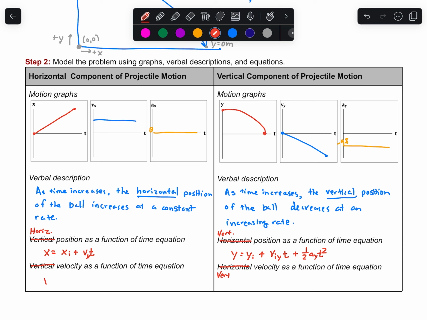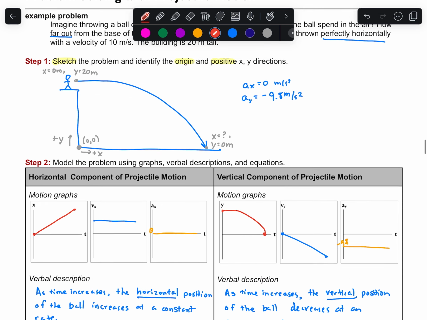I'm going to add some subscripts to these x's and y's so that I can help keep them straight when problem solving. My horizontal velocity is going to be constant. My vertical velocity, on the other hand, is constantly changing, so I'll use this equation.